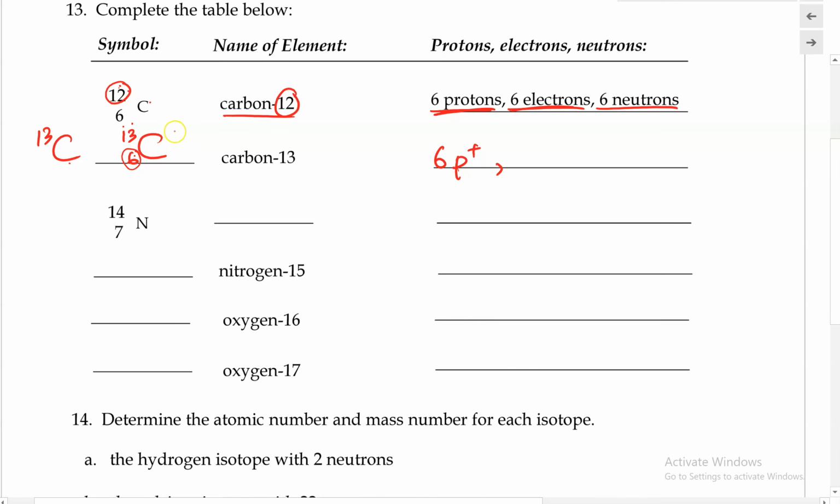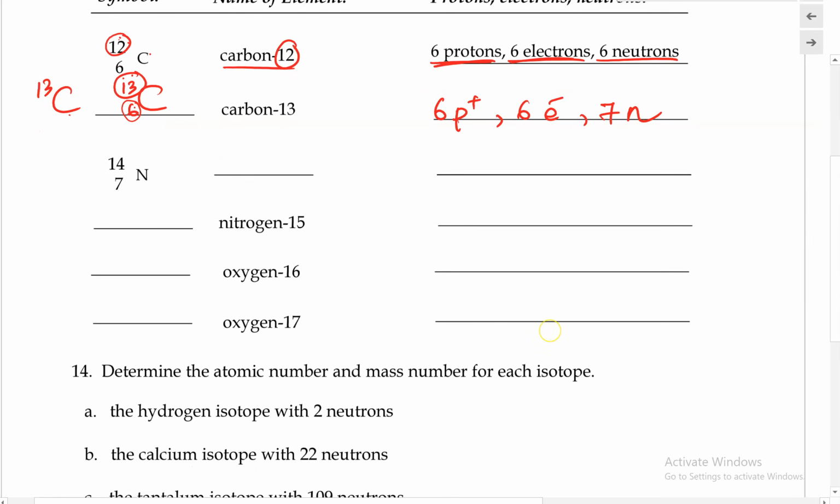And because this is neutral, we don't see a charge listed, so you have 6 electrons. In this case, its atomic mass is 13 and its atomic number is 6. Taking 13 minus 6 gives us 7 neutrons. So those are the subatomic particles that carbon 13 would have.